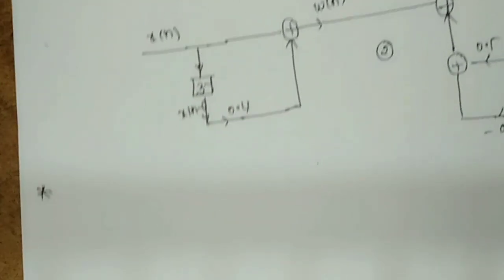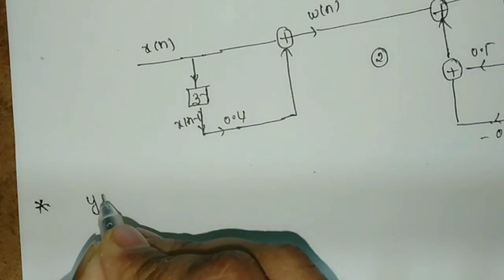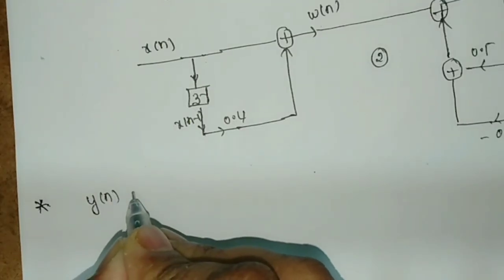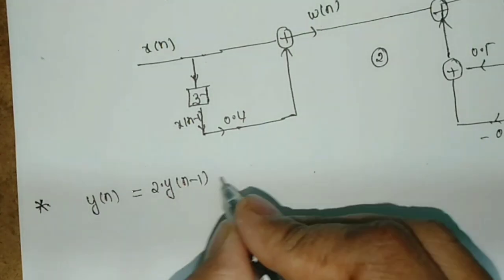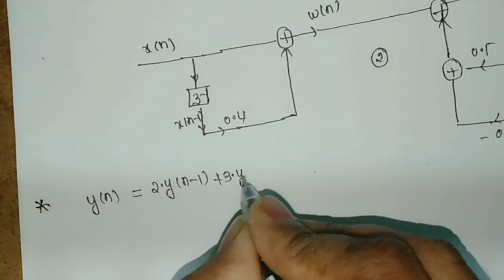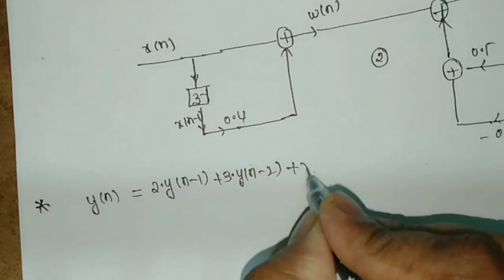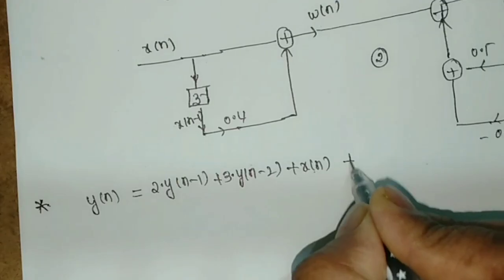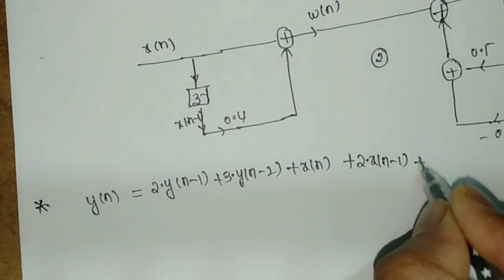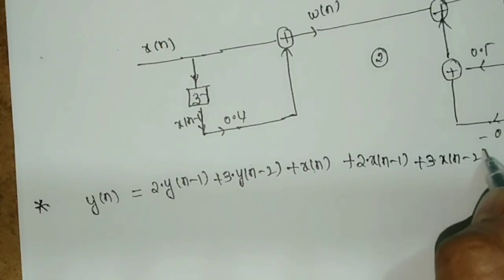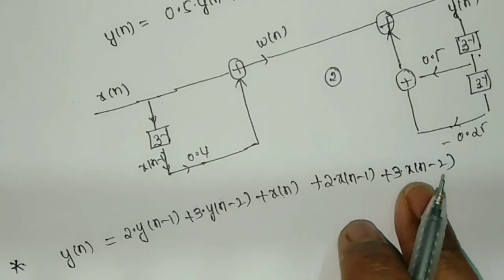Now the next problem is y of n is equal to 2 into y of n minus 1 plus 3 into y of n minus 2 plus x of n plus 2 into x of n minus 1 plus 3 into x of n minus 2. So what is the key point? You have to represent all the input terms as w of n.